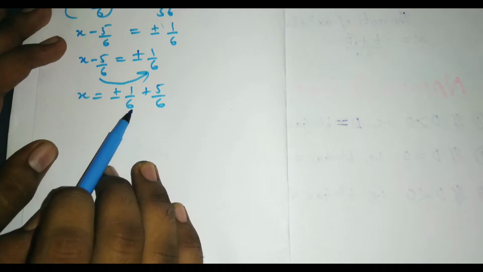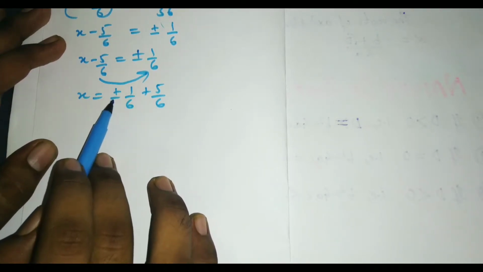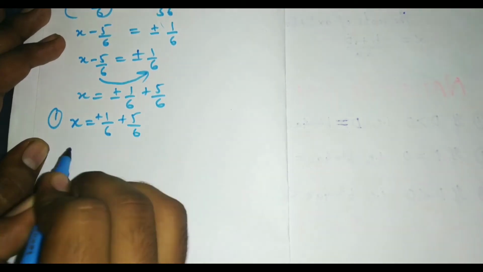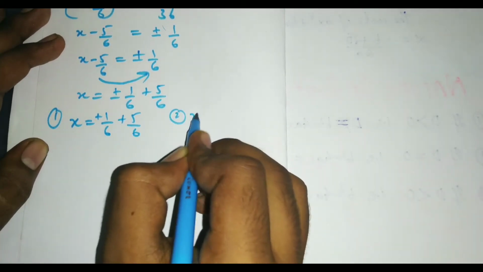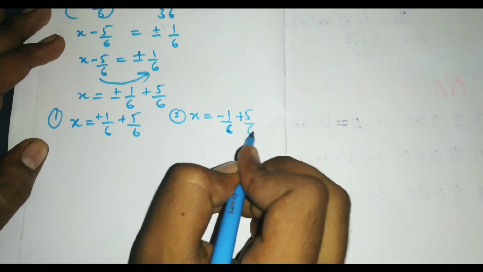One is that the sign of 1 by 6 will be plus, and the second case is that the sign of 1 by 6 will be minus. So plus and minus you have to change. The first case is x equal to 1 by 6 plus 5 by 6. The second case is x equal to minus 1 by 6 plus 5 by 6.